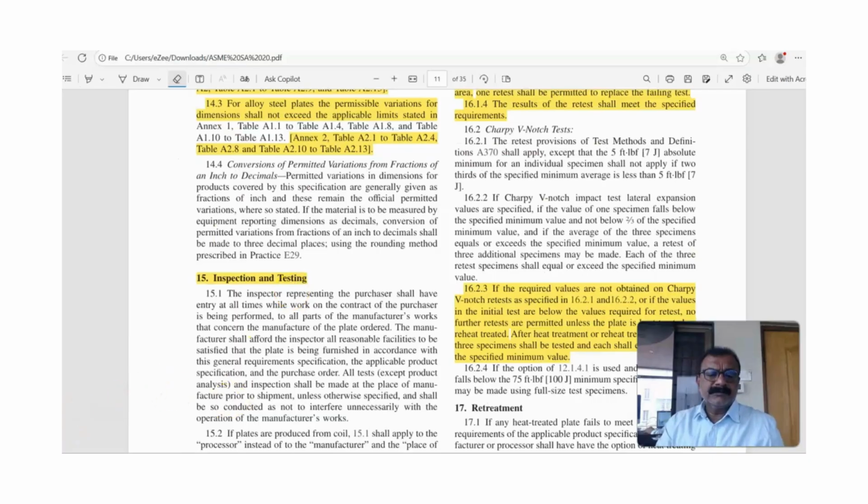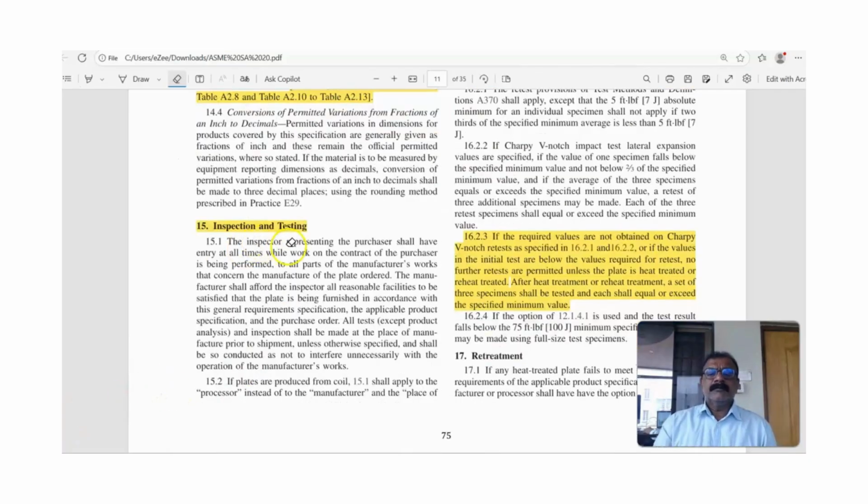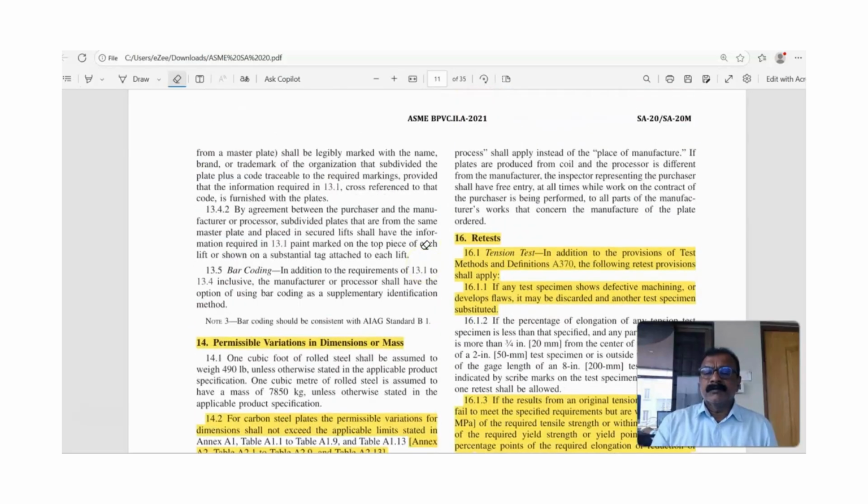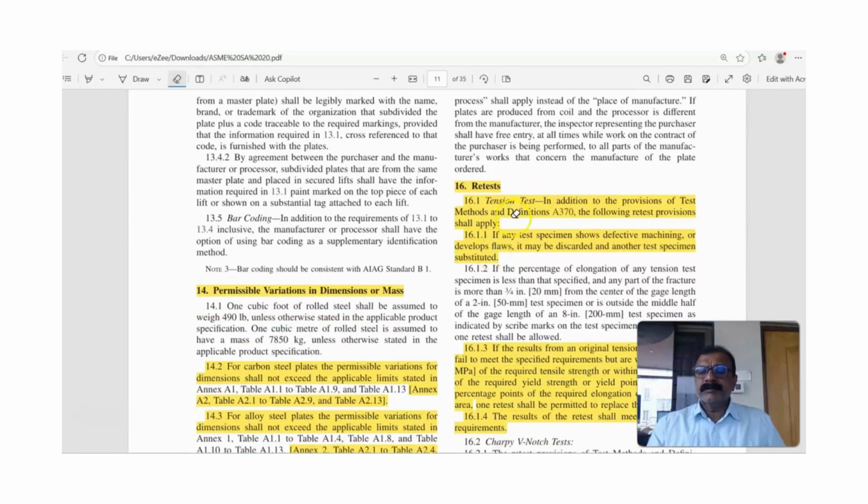So next is inspection and testing. Here the inspector means the purchaser's inspector. And then what is retest? How much retest is required? For tension test, in addition to the provision of the test method and definitions of A370, the following retest provision shall apply. If any test specimen shows defective machining or develops flaws, it may be discarded and another test specimen substituted.